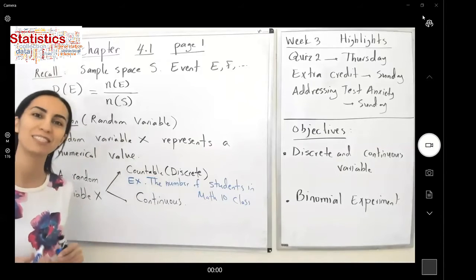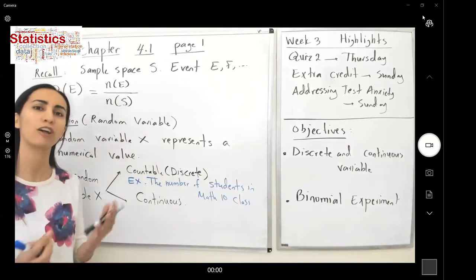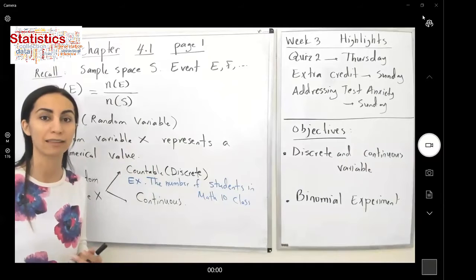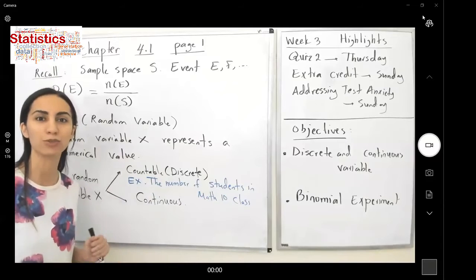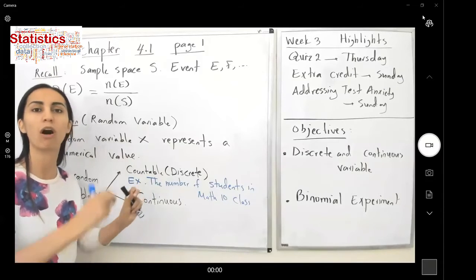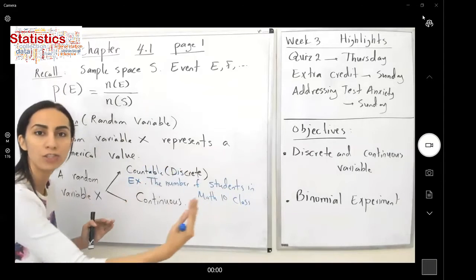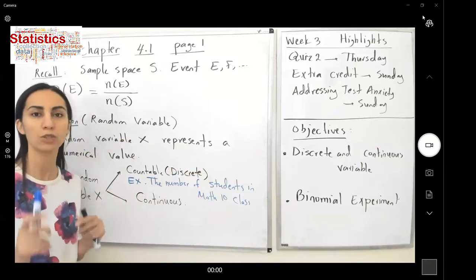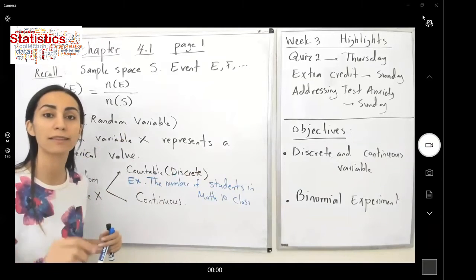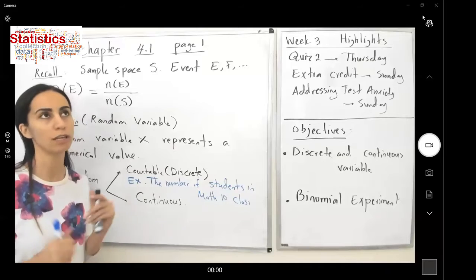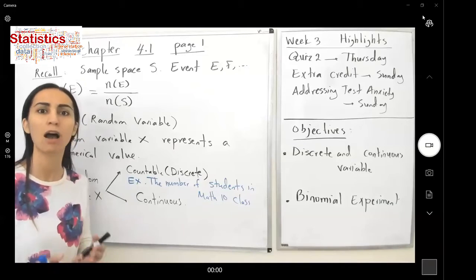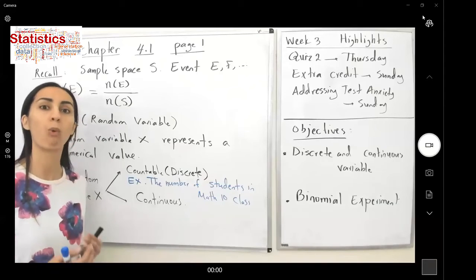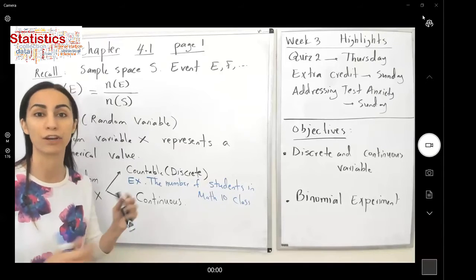How about a continuous random variable? A continuous random variable is like a variable that takes on values between two other numbers or a range of values. You cannot count them. You have those numbers in decimal form. Like what? Like heights, like weights, like volume, like area.